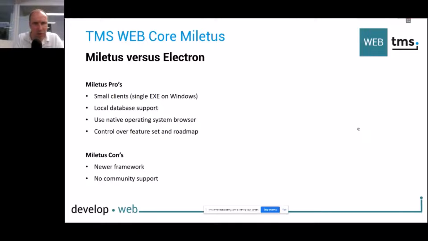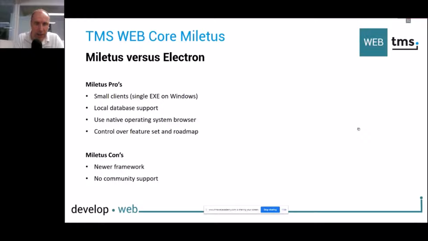Still, with the Miletus pros, I would also like to add a fourth item: we have full control over the feature set and over the roadmap. Of course, Electron is an open source project with many contributors and a roadmap that is defined by the people behind Electron. What features are in and what features are not in is all decided by the Electron people. Here we have full control.